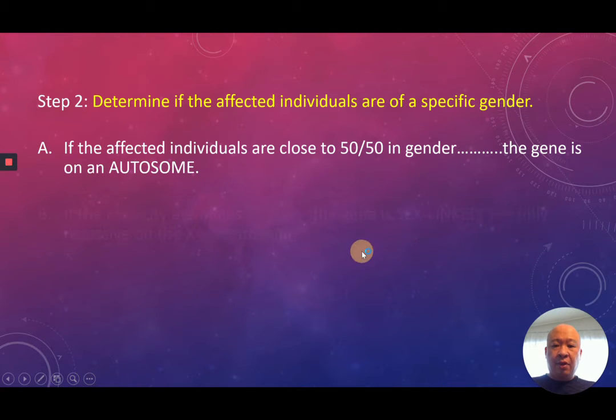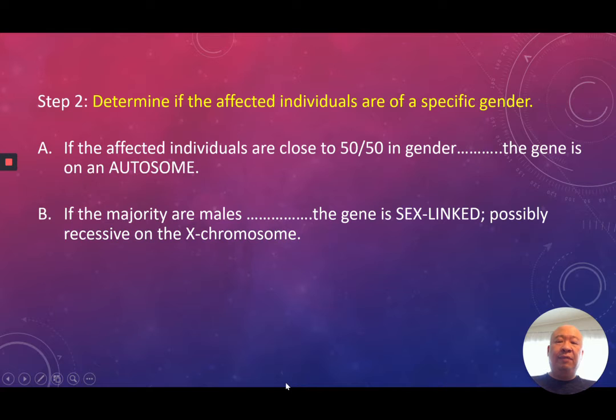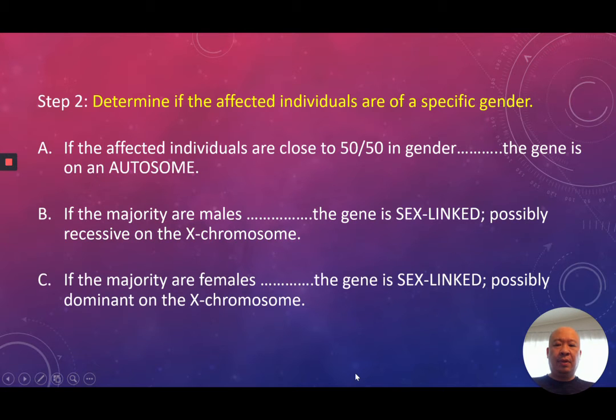The other possibility is if the majority of the affected are males, then that gives us more reason to believe that it is sex-linked, okay, and that it is possibly a recessive gene found on the X chromosome. If the number of affected individuals, there are more females.